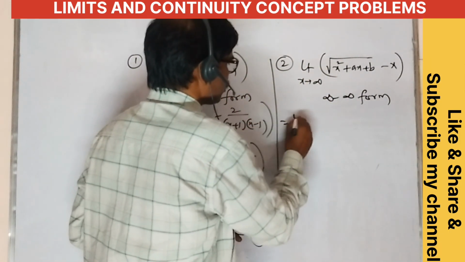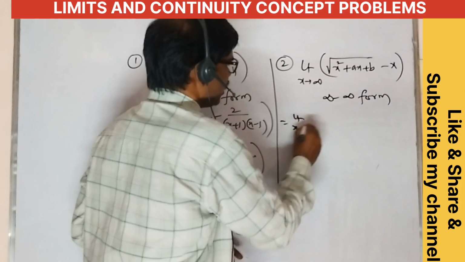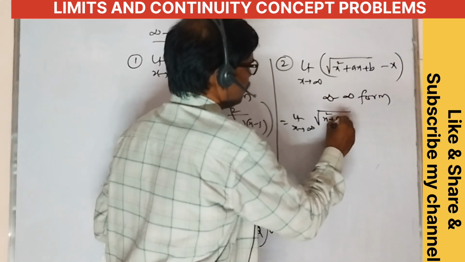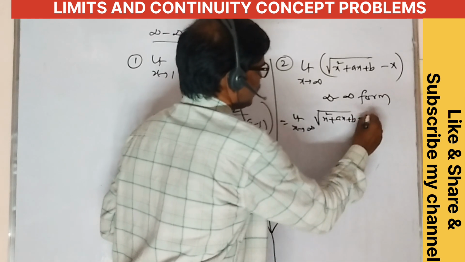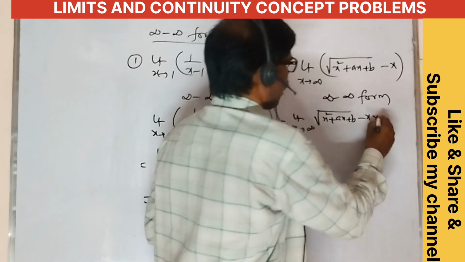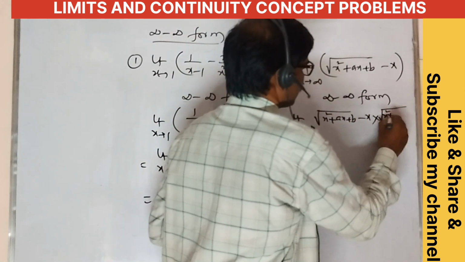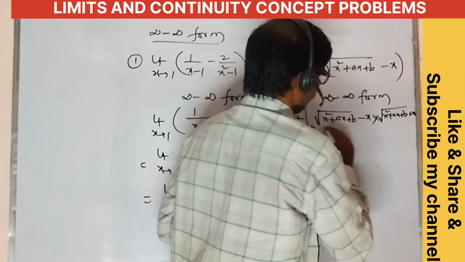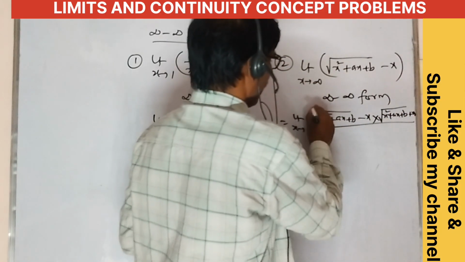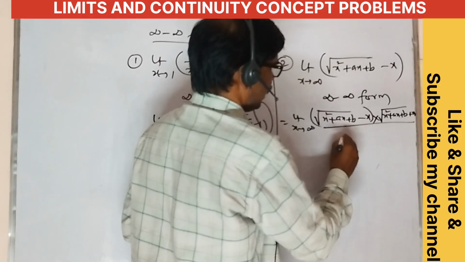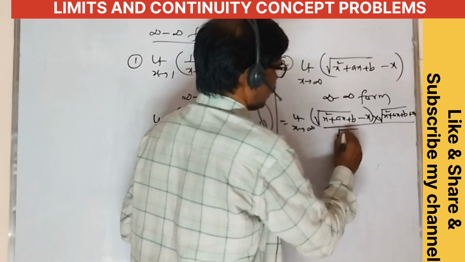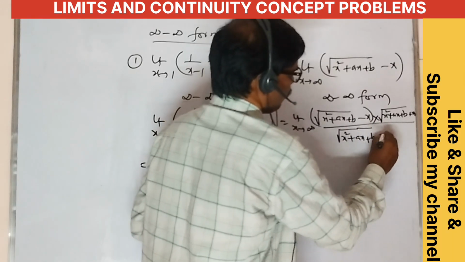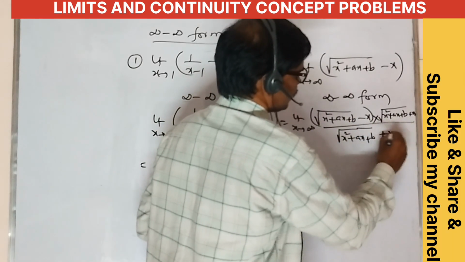Limit as x extends to infinity of (square root of x squared plus ax plus b minus x) into (square root of x squared plus ax plus b plus x) by (square root of x squared plus ax plus b plus x).